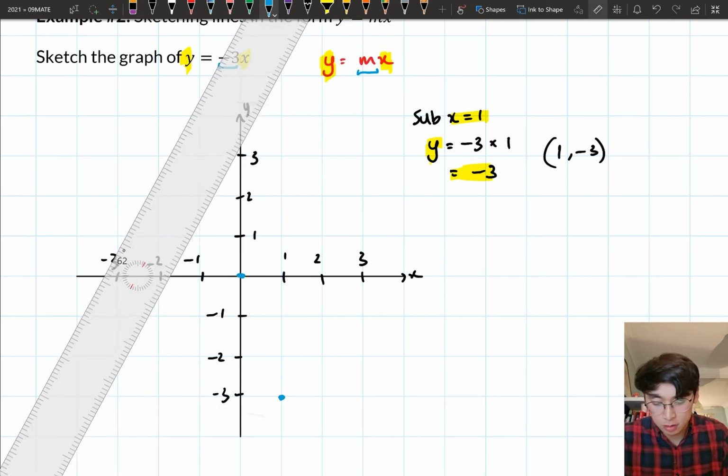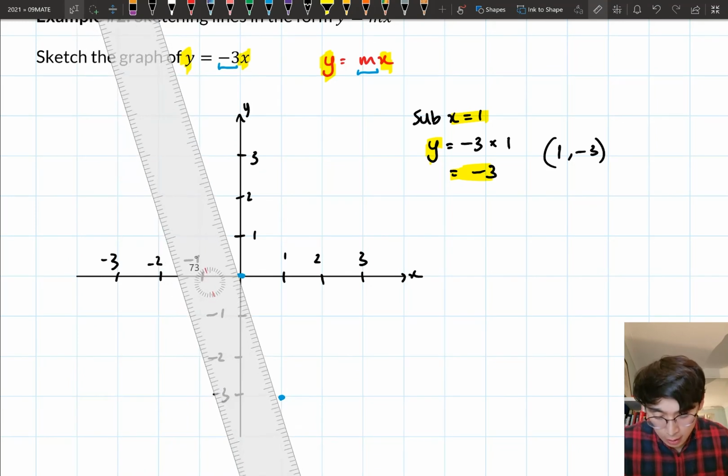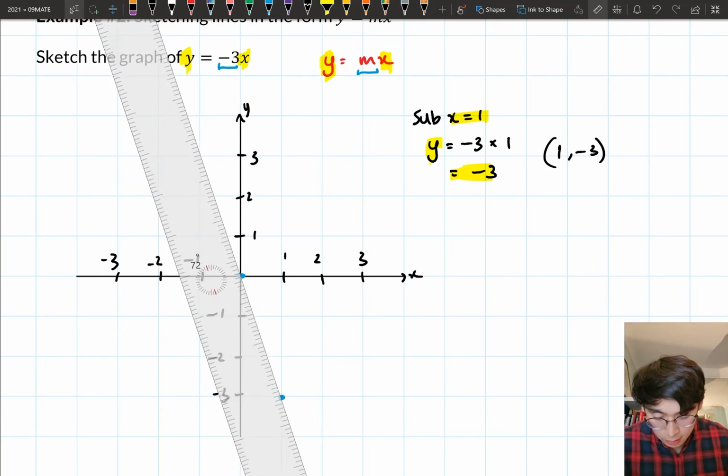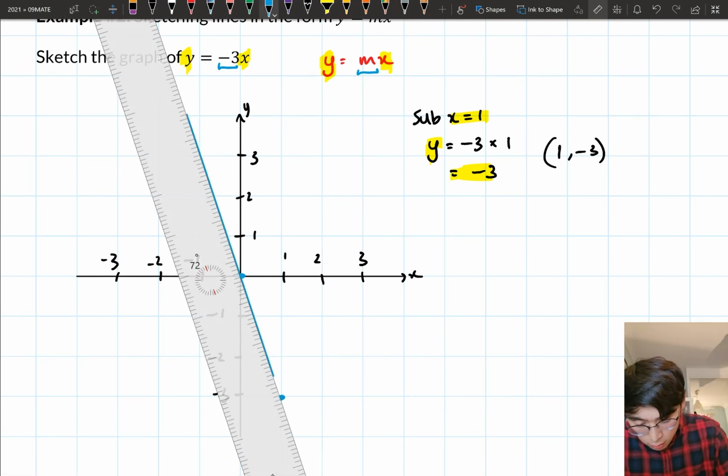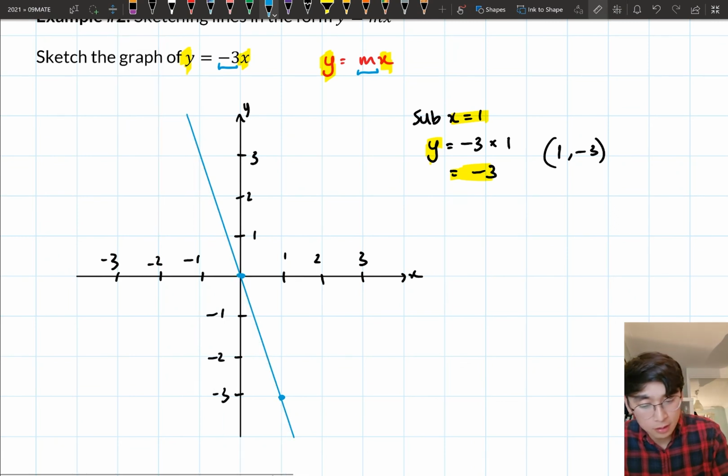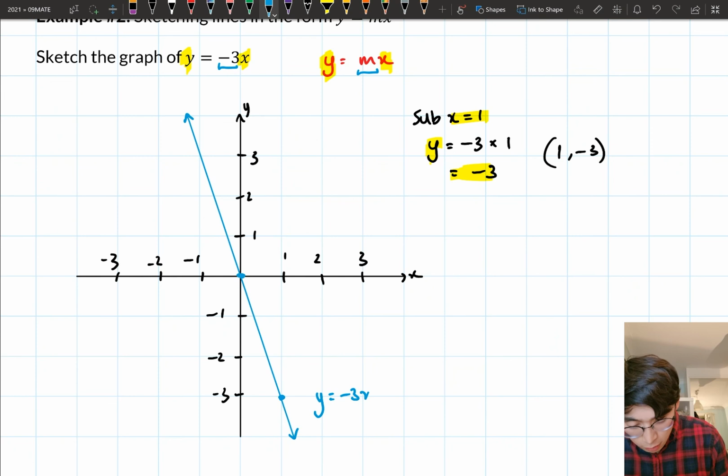And so once I've got these 2 points, I can just draw a line through them. So here, this is my line. If I can get this to line up. There we go. And so, now that I've done that, this is how I've sketched y is equal to negative 3x. And so there we go.